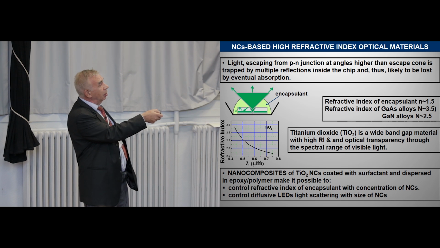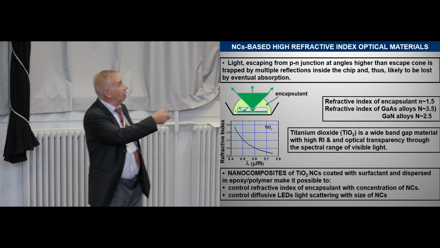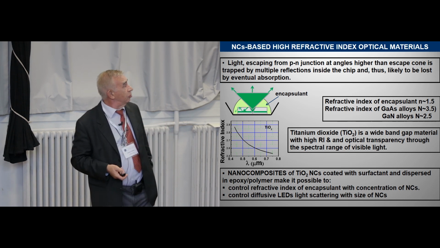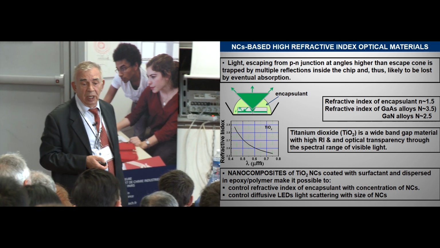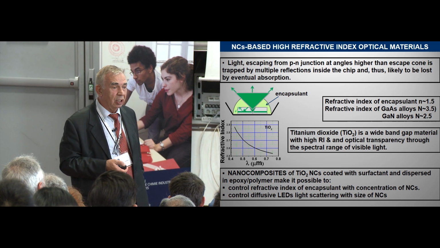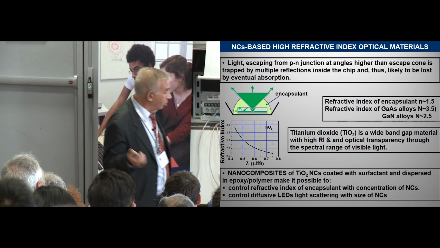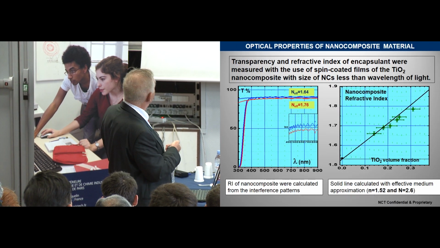This is a range from 400 to almost 800, and the refractive index changes from 2.55 to almost 2.8. So it's a material with a really very high refractive index, and of course it's transparent over the spectral range of visible light.